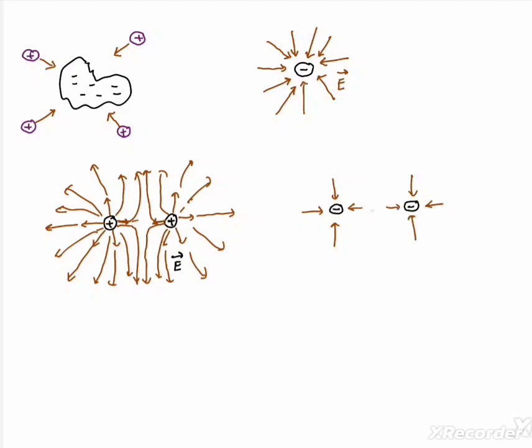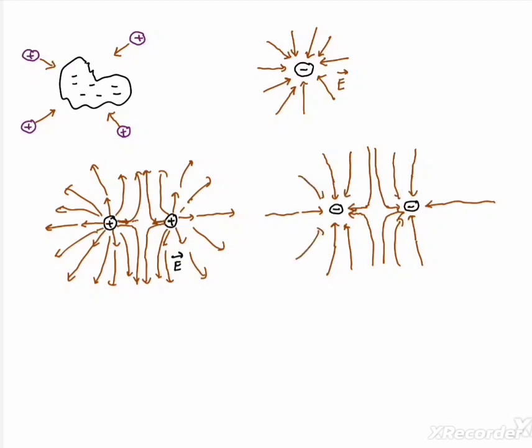So now if you look at the middle part here, again these are negative charges, so they repel each other. So they look something like this. It's very similar to the two positive charges, but note the direction of the arrows. Come like this. And so on.